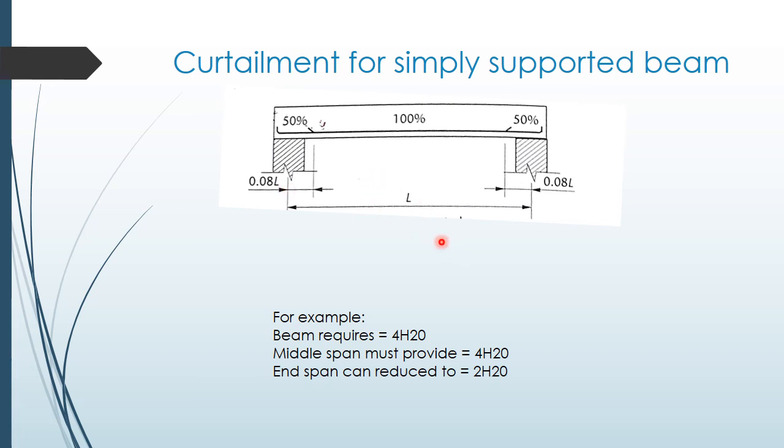I give a simple example. If our beam requires 4H20 at the middle span, we must provide 4H20. At the end span, we can reduce to 2H20, which is 50% of the beam required area.